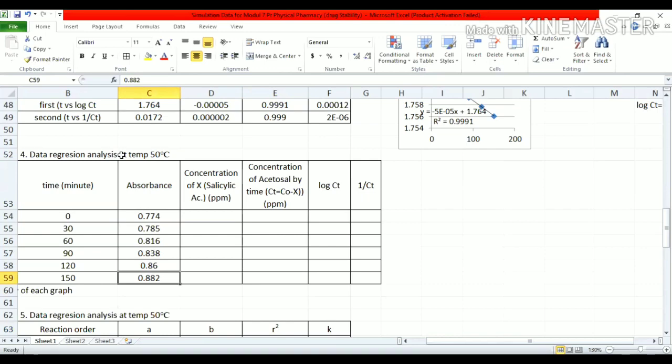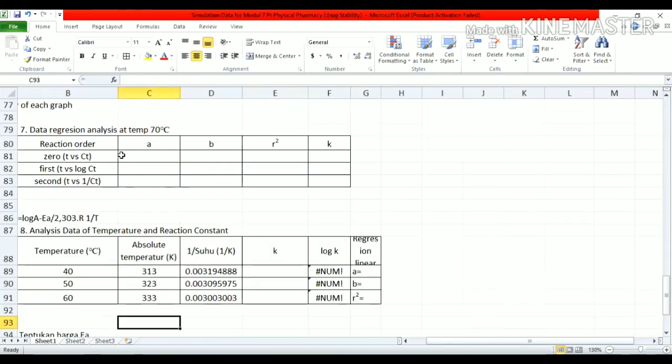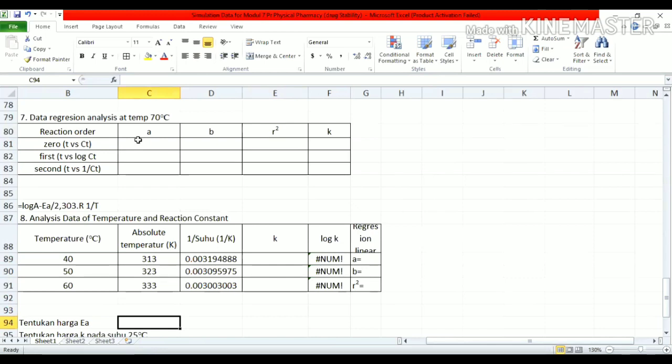So we got this number. So this is 1 per 313, and this is 1 per 323, and this is 1 per 333.